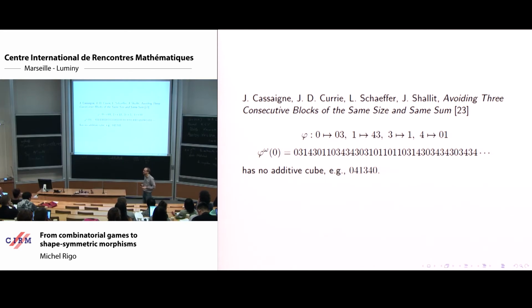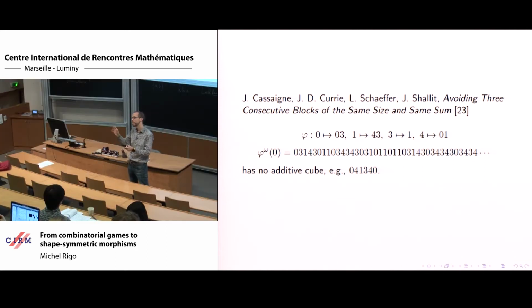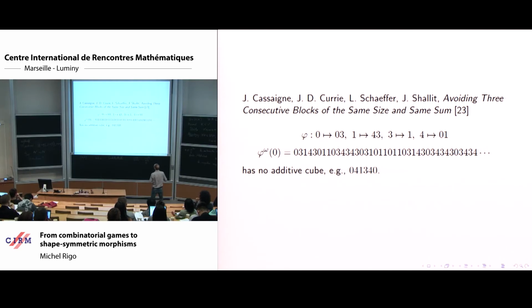And since Julien was here, I also have an extra slide with a variant of this kind of question. If you think about abelian repetition over a 2-letter alphabet, if you just have 0s and 1s, meaning that 2 factors of the same length are abelian equivalent just means that the sums are the same. So if you move to a larger alphabet, you would like to avoid, let's say, here, this is an abelian cube, because you have 3 times a factor of length 2, but it's not abelian in the usual sense.